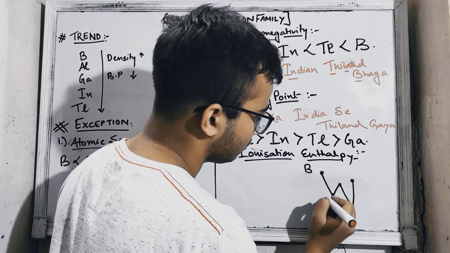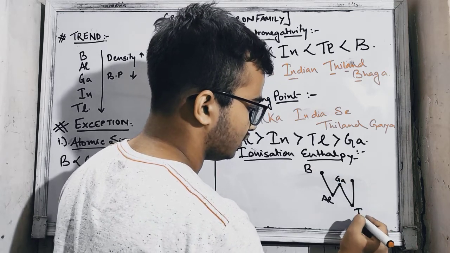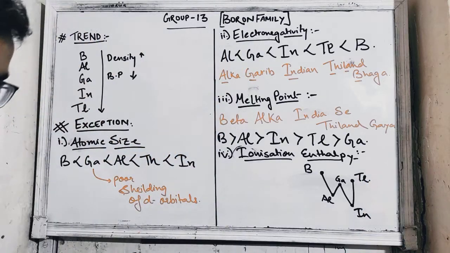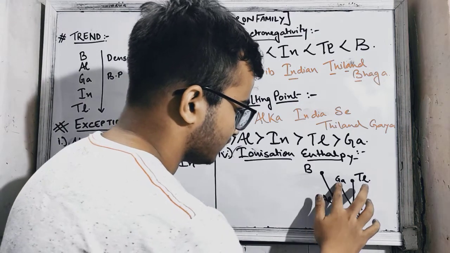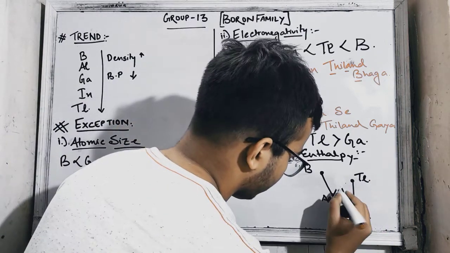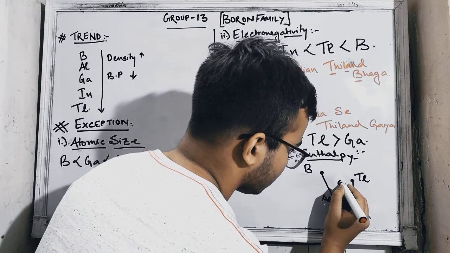Next you have to place the elements: boron, aluminium, gallium, indium, thallium. This gallium will be a bit down. This is my drawing error. This is gallium.